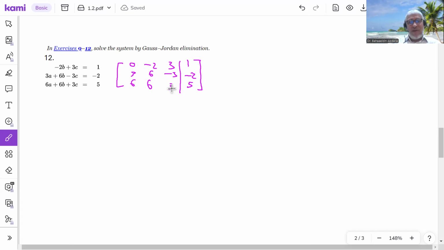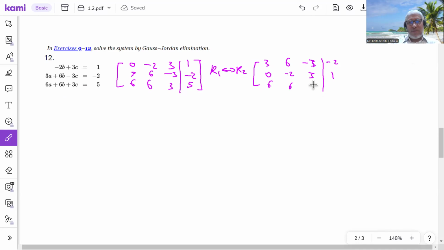I'll have 3 over 6, that's half, and 5 over 6. I have 2 fractions, so I prefer to interchange row 1 with row 2. So row 1 would be 3, 6, negative 3, and negative 2. Interchanging two rows does not change the solution of the system.